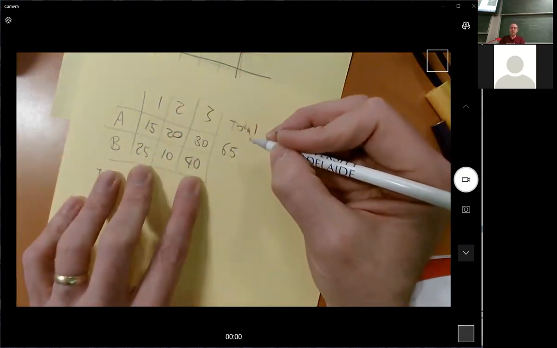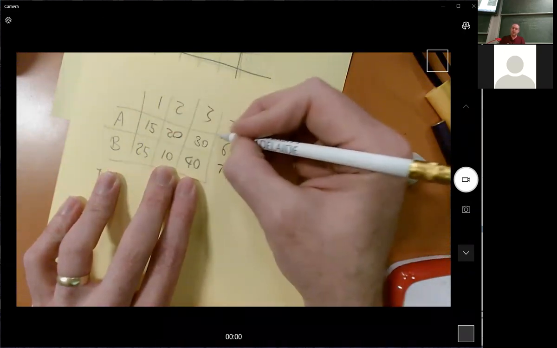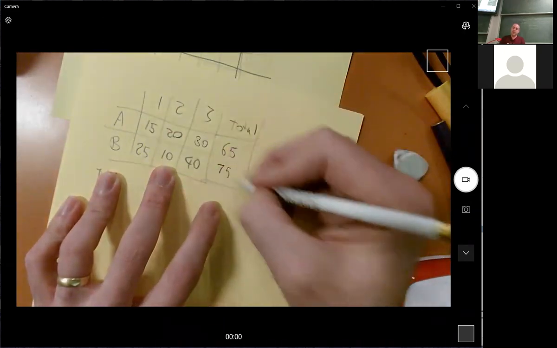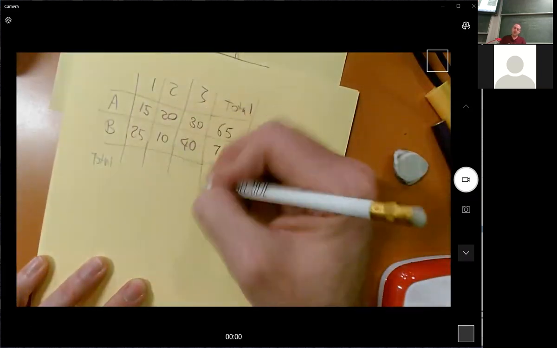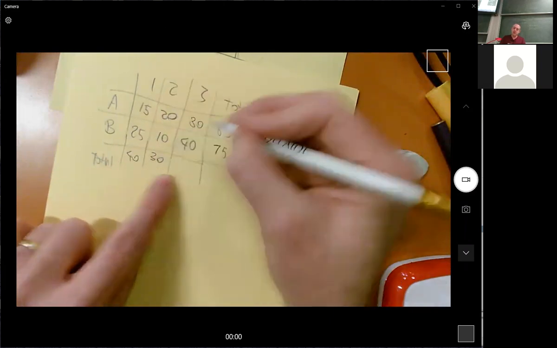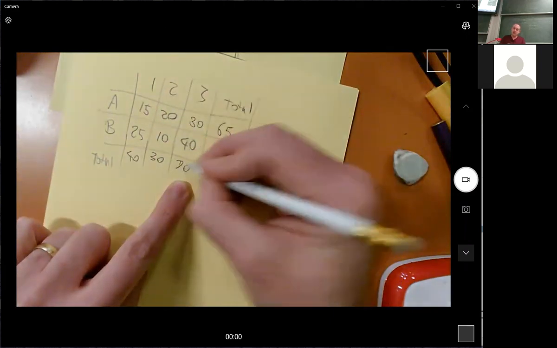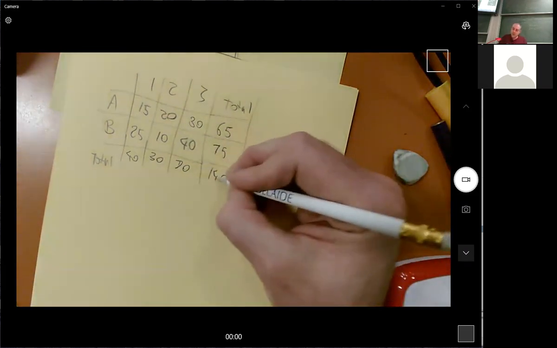And the total number of B's is 40, 50, 75. And these, there's 40 of those, and there's 30 of those, and there's 70 of those. And there's in total 140 of them.